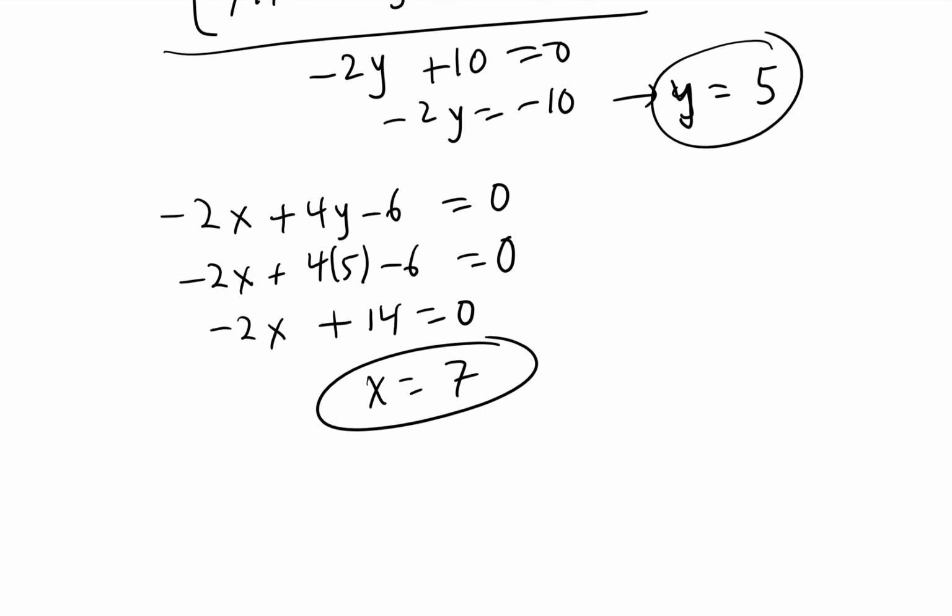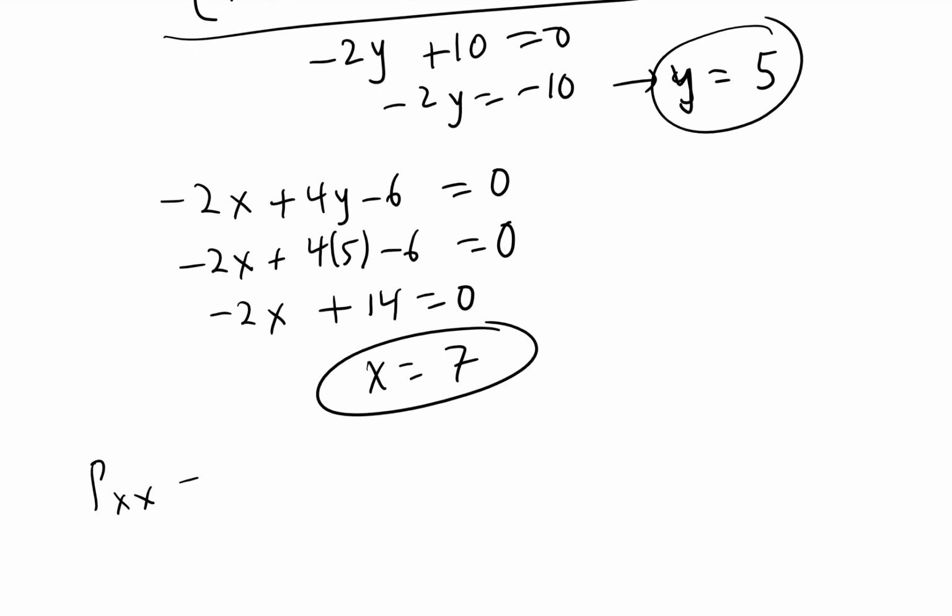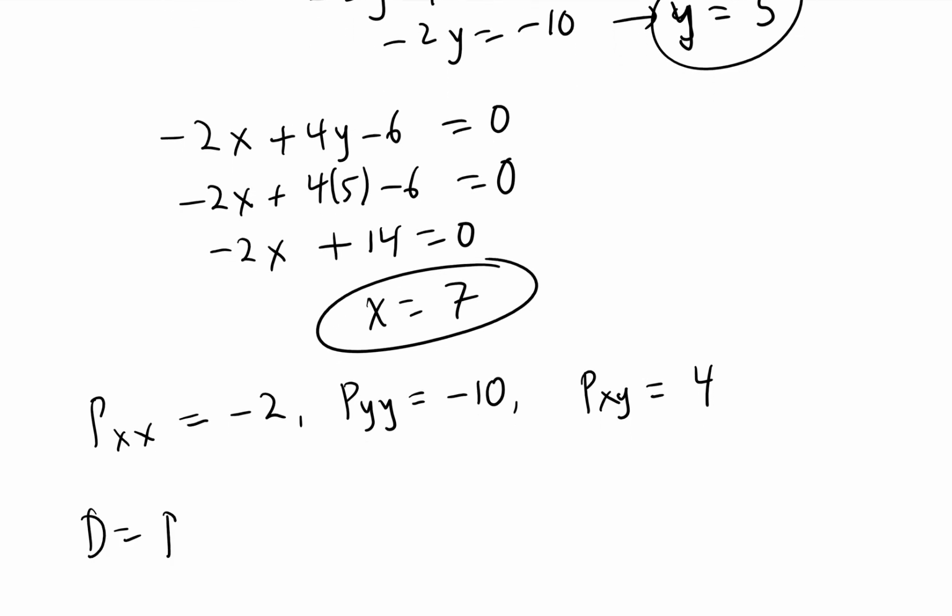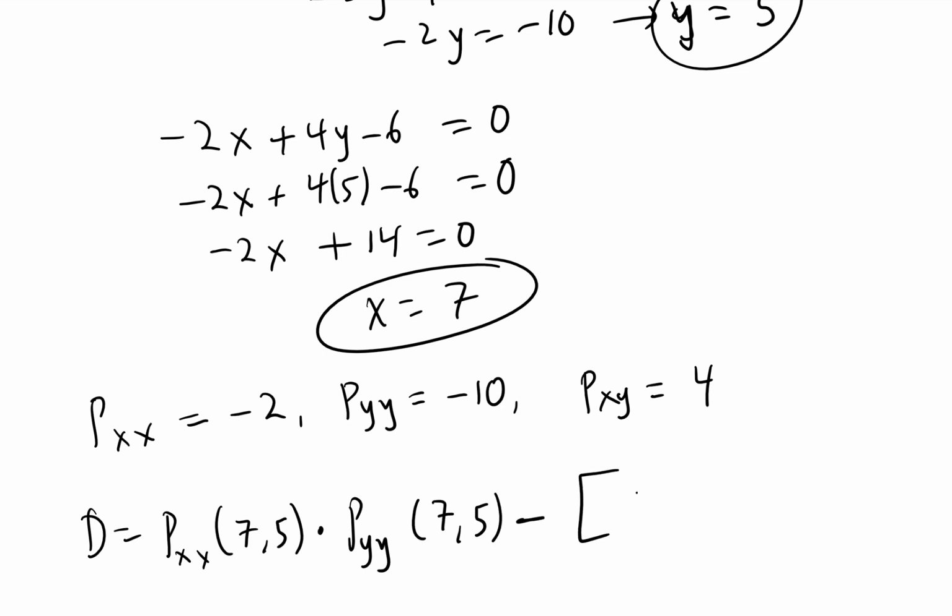Now we need to find Pxx. If you look back at that, that's -2. Pyy is -10. Pxy is 4. That makes things easier when I've got numbers. So I want to find D. D is Pxx evaluated at that point (7,5) times Pyy evaluated at the same point minus Pxy evaluated at the same point squared.